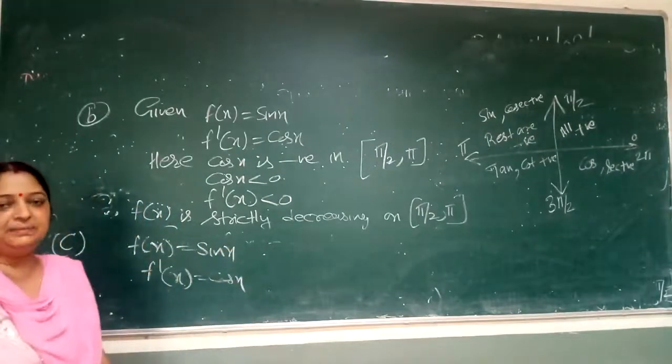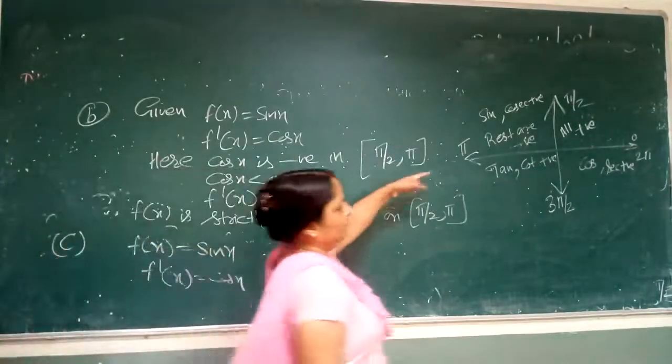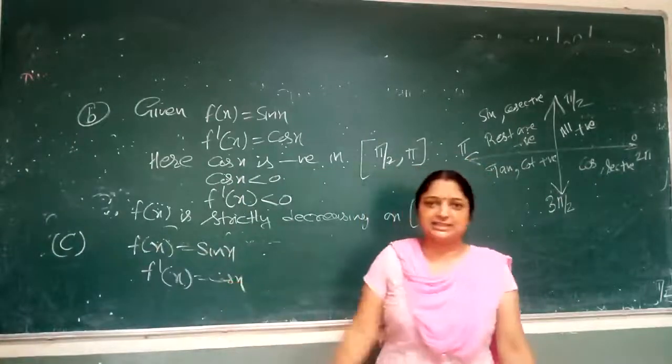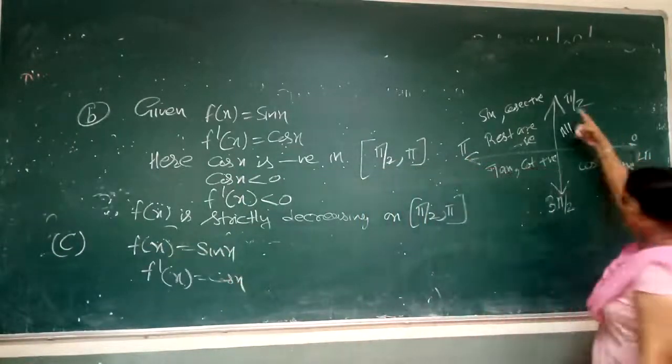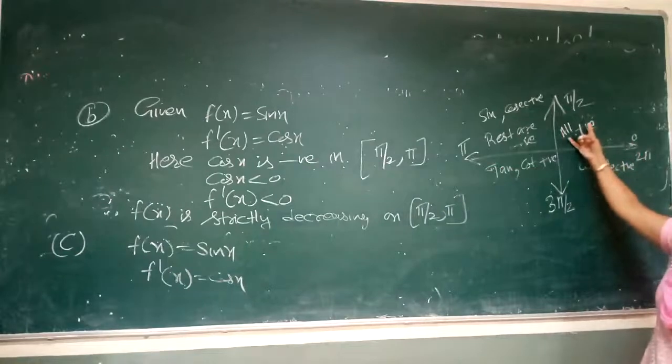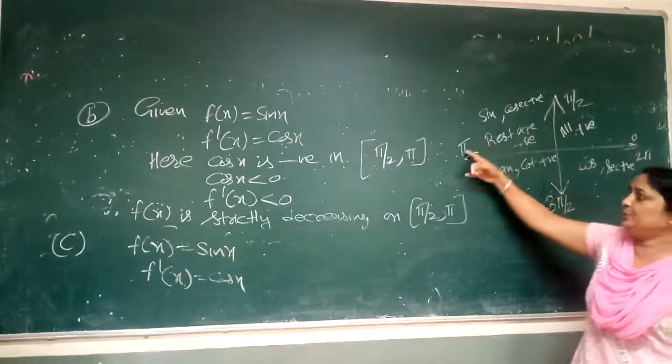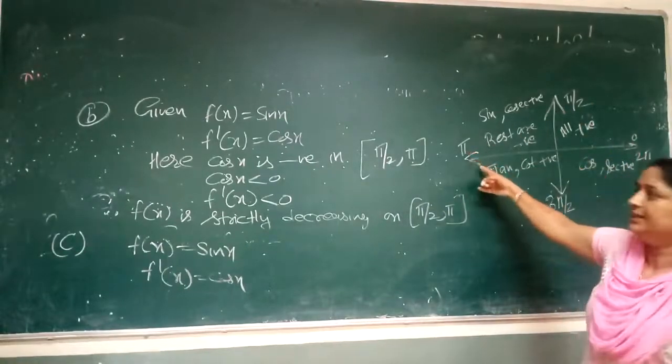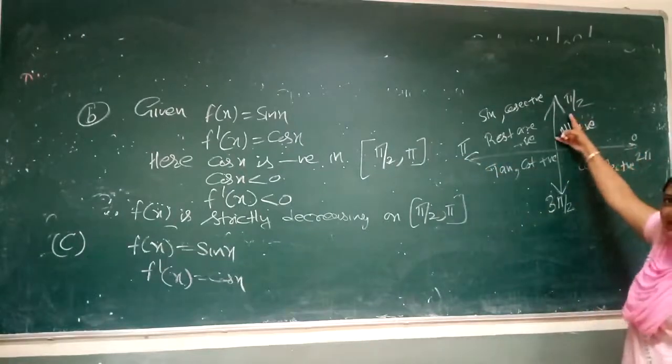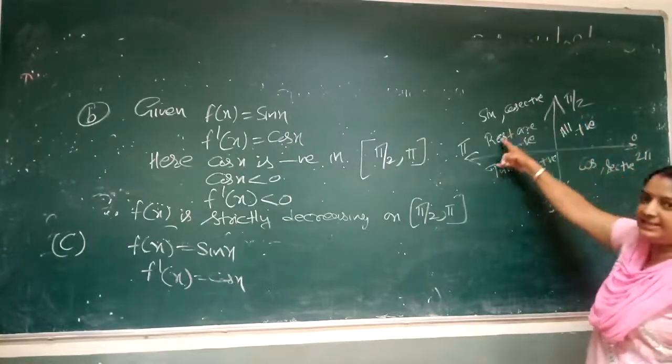From case A and B, after differentiation cos x is coming here. In 0 to pi by 2 cos x is positive, but in pi by 2 to pi the cos x is negative. It means here in 0 to pi by 2 it is increasing and here decreasing.